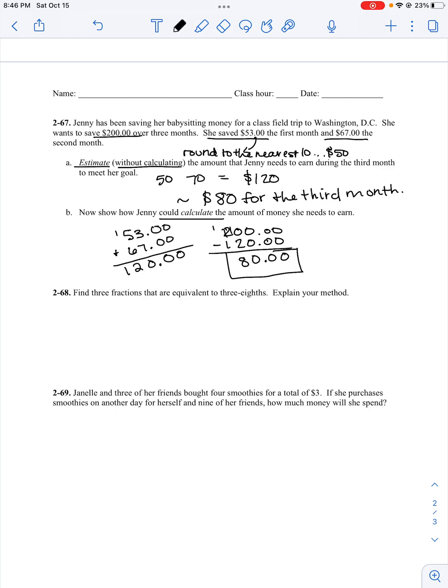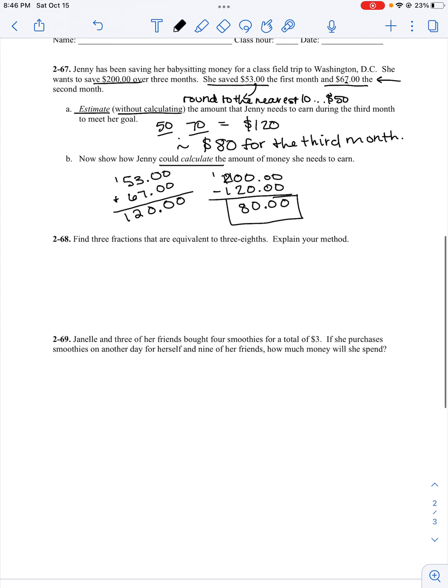So it doesn't make the 5 move up, so the 5 stays the same and everything else turns to 0. The same thing here. I rounded to the nearest 10. So I would look at the 6 and then the number next to it, which is a 7. So the 6 would go up to 7. And then everything else would be zeros. That's how I got 50 and 70.